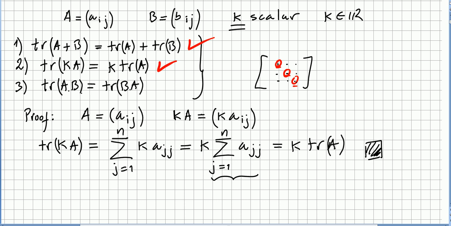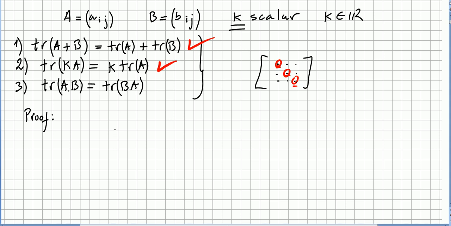Now we have the third property. Trace of AB is equal to trace of BA. Let us provide the proof for this third property.